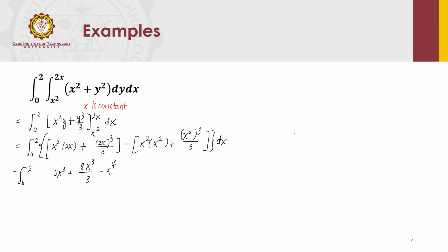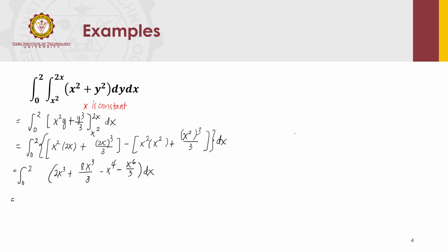And for this one, we distribute the negative sign, so that's minus x to the power of 6 over 3. After evaluating using the limits here, it should result in a pure x function.